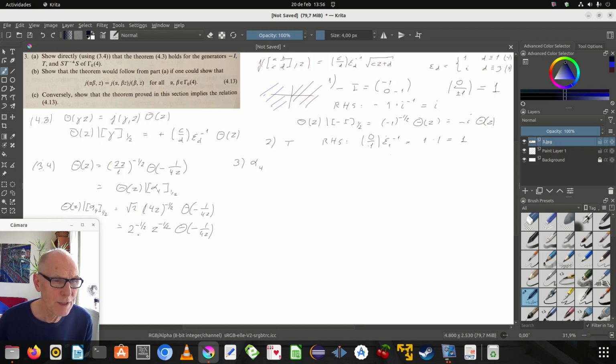To use that, we need to divide by I to minus 1/2. So that's multiplied by square root I. So we divide by square root I over here.